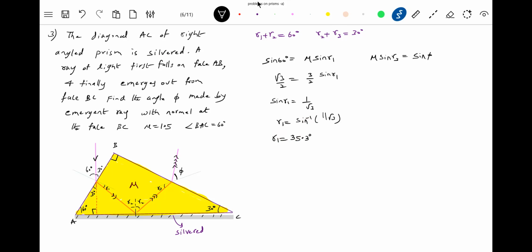We know R1 plus R2 is 60 degrees, so R2 is 24.7 degrees. Then we know R2 plus R3 equal to 30 degrees.